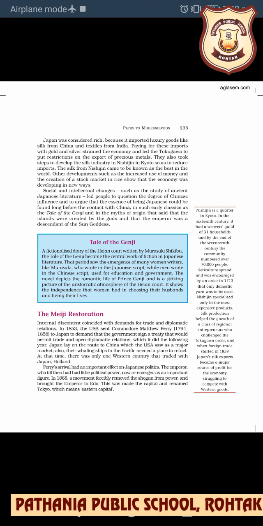In such early classics as the Tale of the Genji and its myth of origin, it was said that the islands were created by the gods and that the emperor was a descendant of the sun goddess. So this was the political system of Japan.